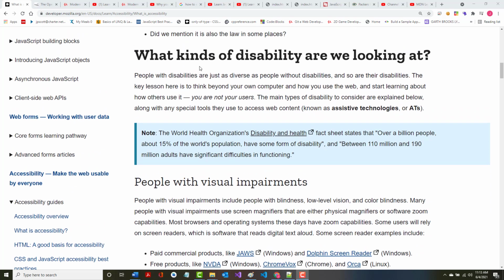So, what kind of disability are we looking at? People with disabilities are just as diverse as people without, and so are their disabilities. And again, I want to stop using the word disability and start using the word impairment. I don't know many people who have any kind of a disability.